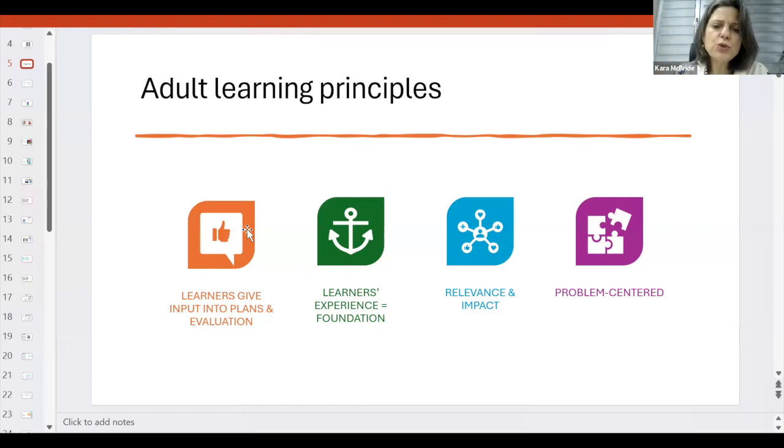Next, number 2, learners' experience is the foundation. What I mean by this is that, for example, if you're working with judges, you need to recognize that they are experts, right? You don't want to treat them like children. Instead, you want to take what they already are an expert at and move from there.